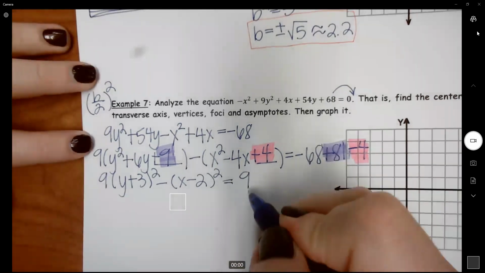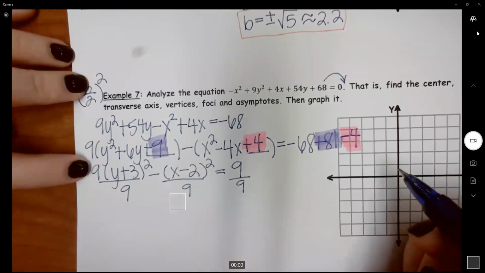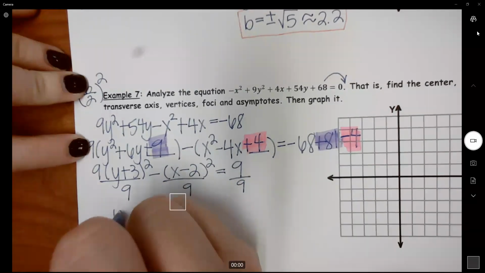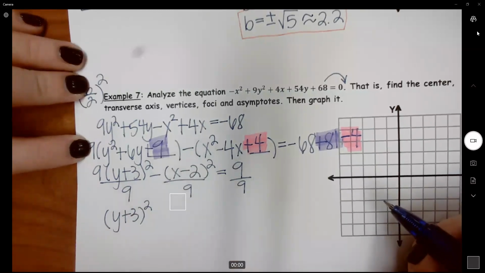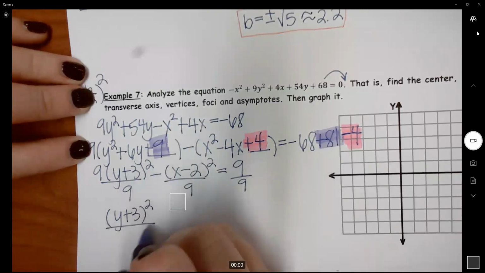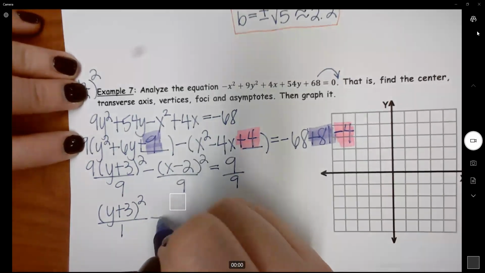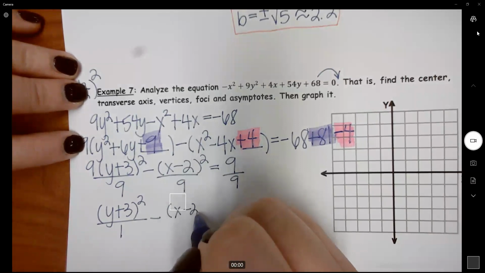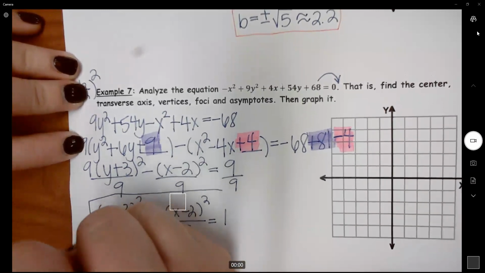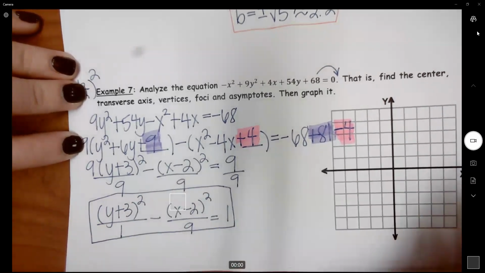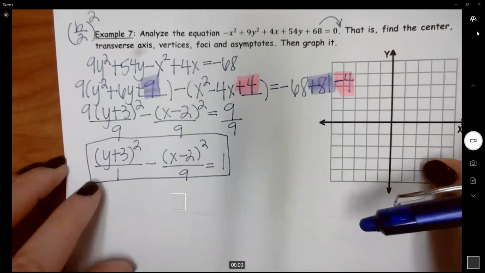So I need to divide everything by 9. 9 divided by 9 is 1. So you can leave this as (y plus 3) squared. But so that I can visually see what we have, I'm going to put that over 1. I can't do anything here. So this is minus (x minus 2) squared over 9. And now this equals 1. So from here, I can now go through and start answering some questions.